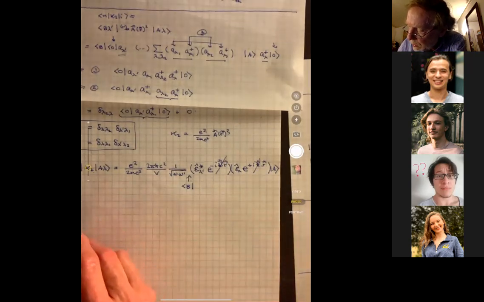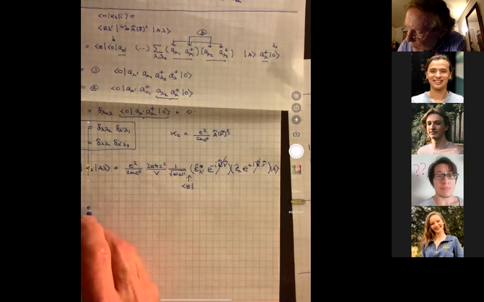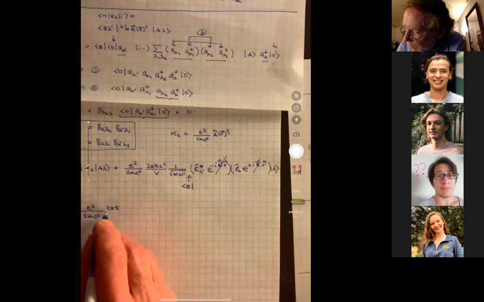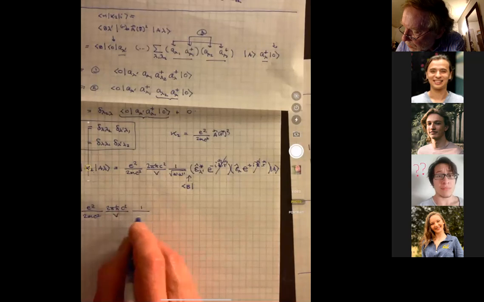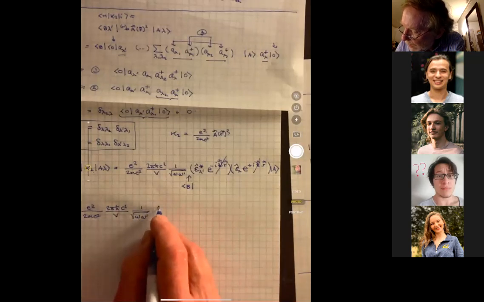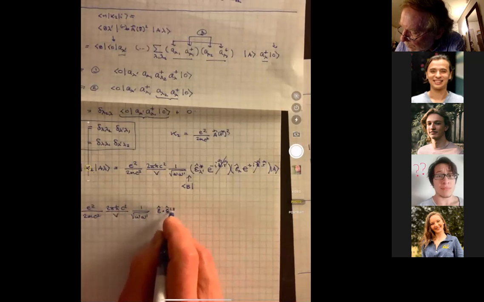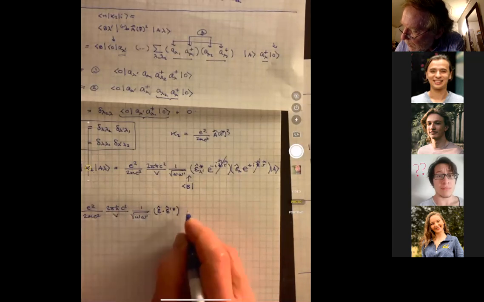So what this thing turns into, finally, is e squared over 2mc squared, 2 pi h bar c squared over volume v from these various sources these factors come from, 1 over root omega omega prime. Then I get epsilon hat dotted into epsilon hat prime star, like this. And then Kronecker delta BA.